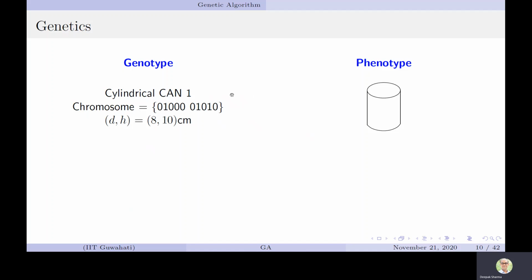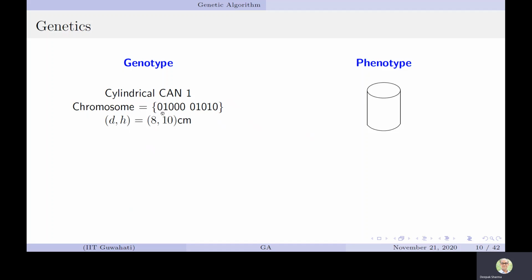Let us take a cylindrical can. The chromosome we have taken, for example, is 10 bits. If we count, these are the first 5 bits, and another 5 bits. So 5 plus 5, 10. Now as you can see, this is a cylindrical can. We want to know the diameter and height of the cylinder.